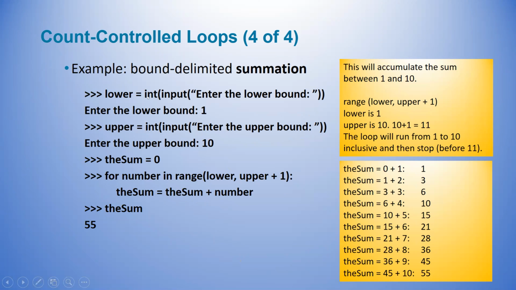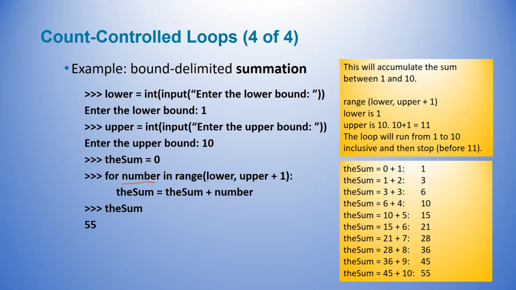So we get a value from the user, and the user enters 1. We get a value from the user again, and the user enters 10. And so now we can do this. This is the variable name in this loop.